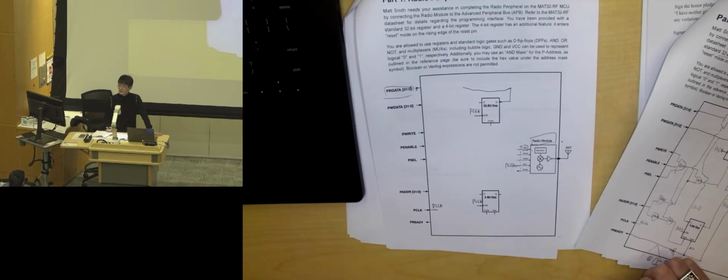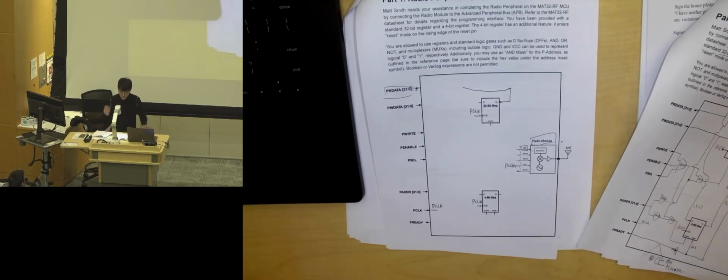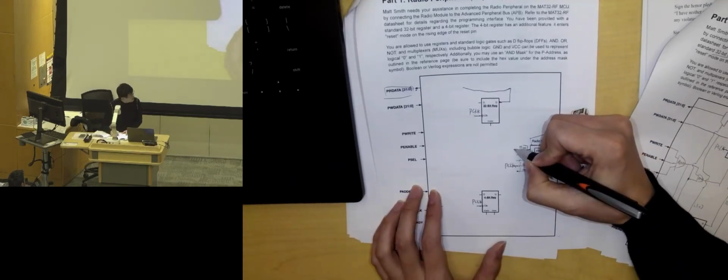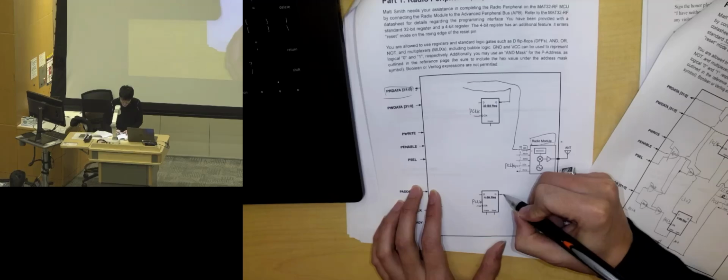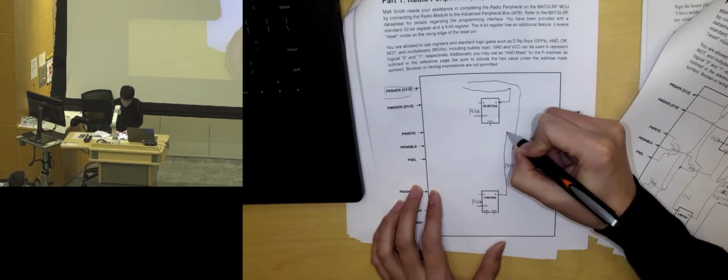And I think the other one, the configuration register, the 4-bit, I think that's read write too. And then what else has got to be read? The device, radio. Yeah. So basically, if we try to draw it out, this will also be something to be read from, and this as well.